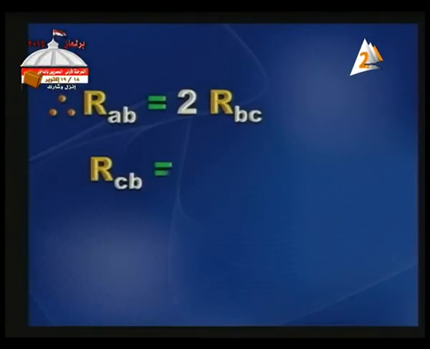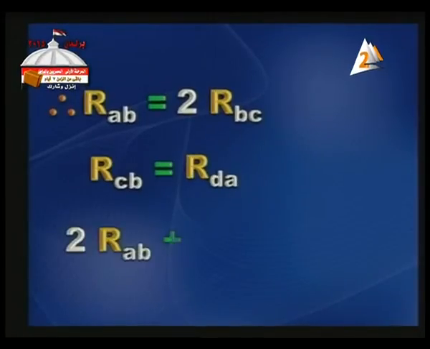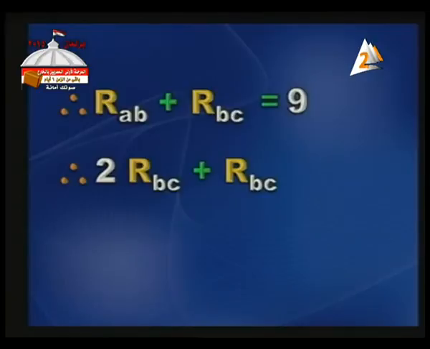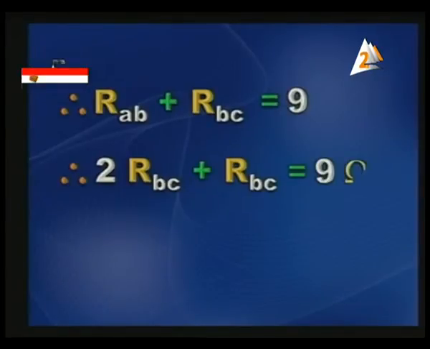Also RCB equals RDA. So we can say 2RAB plus 2RBC equals 18. And of course, resistance of portion AB plus resistance of portion BC equals 9. Substituting for resistance AB, 2 resistance BC plus BC equals 9.